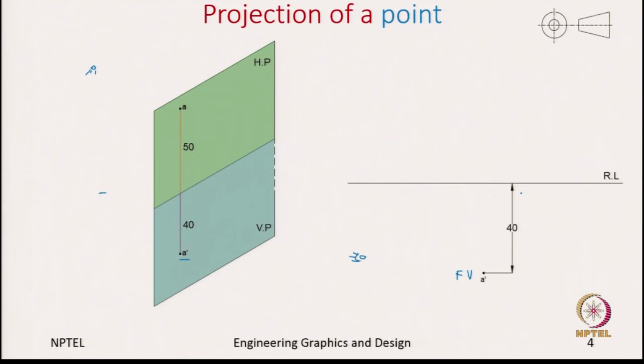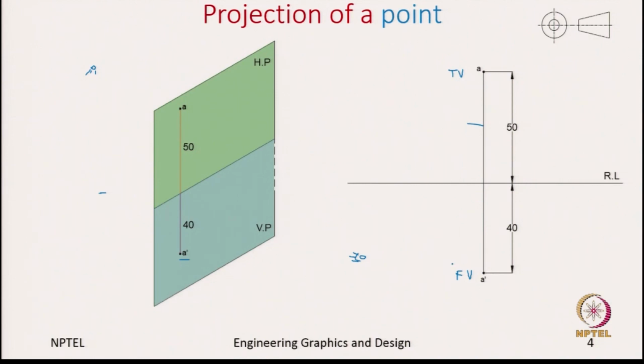Now, we use a projector, a vertical line perpendicular to the reference line, and then note the top view. This previously we called the projector line or the construction line. This connects the corresponding points in the top view and the front view.